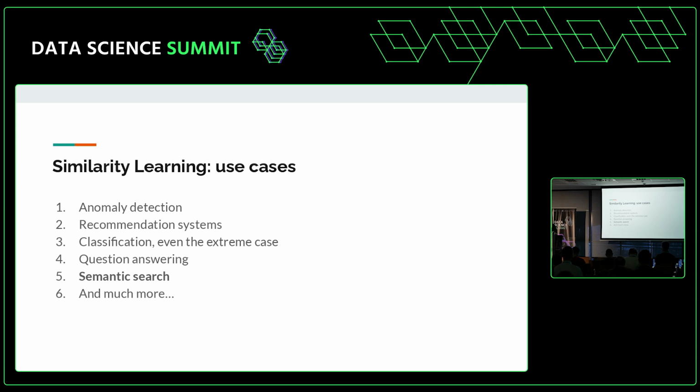That also solves question answering, passage retrieval, and many more. Actually, it's a quite universal method to solve almost literally any kind of problem. We just need to change the way we think of doing that.